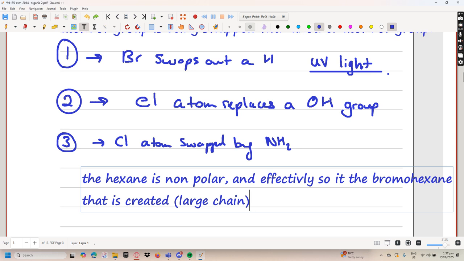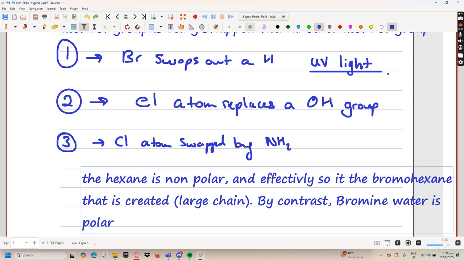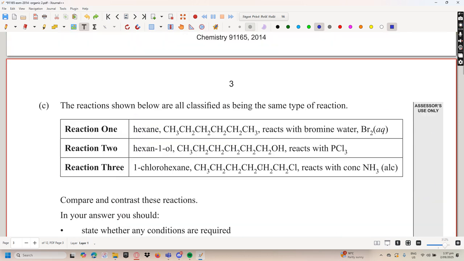The water, very good, but by contrast, bromine water is polar. It's not the easiest thing to see, but if you think about it, aqueous bromine water. Yes, these molecules by themselves are non-polar.